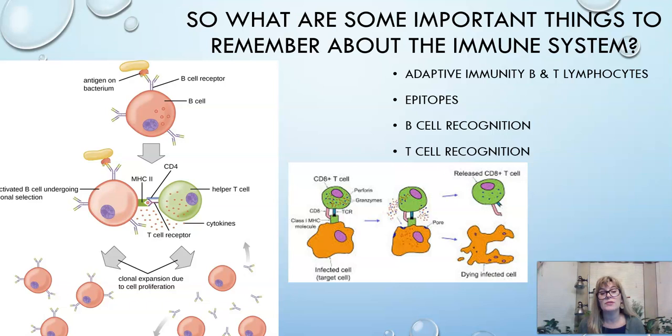Part of their response is to clone themselves, and B cells can produce plasma cells, which are really, really important, and they're going to have memory cells. So a B cell creates some plasma cells, and what's amazing about this clonal response is the antibodies that are all over the outside of those cells are able to be released and float through all of the liquids within the body. So these antibodies are really, really important.